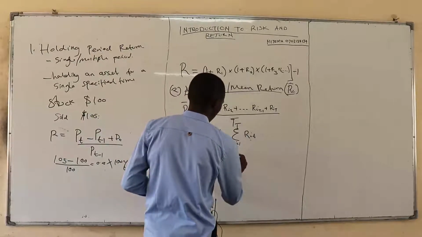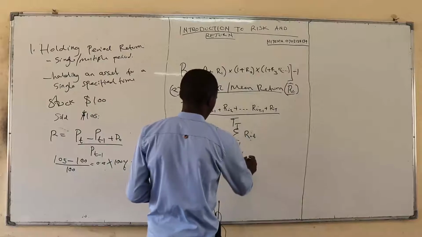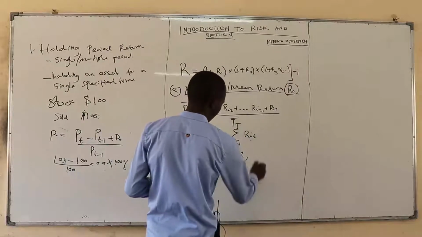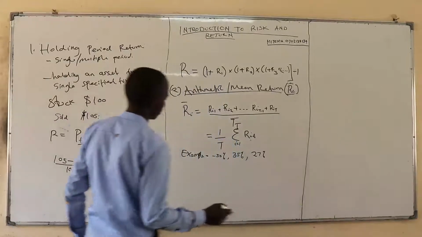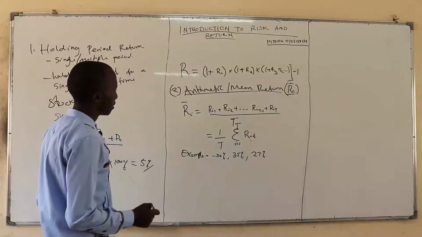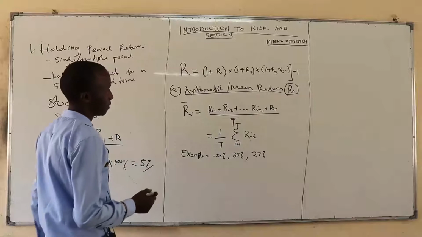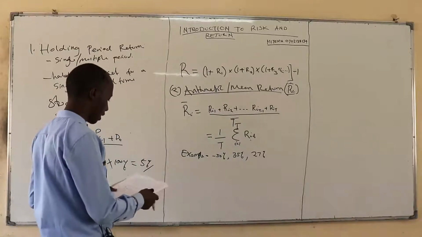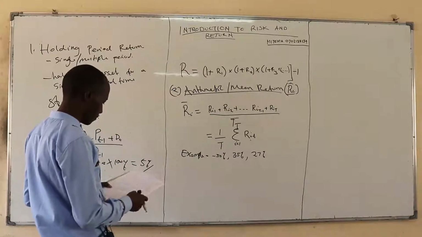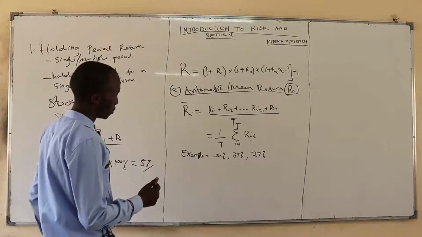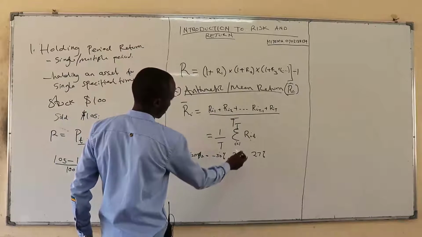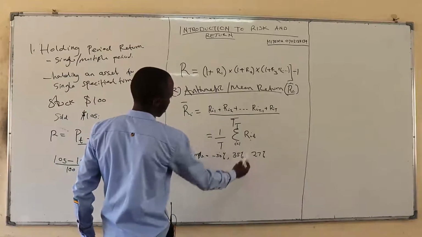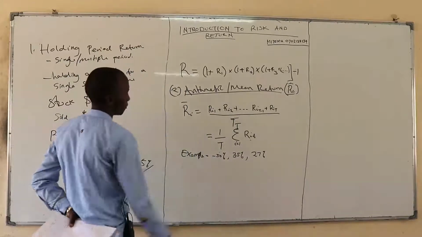Then you have a return of 35% as an investment. Again, we have a return of 27%. And then you are asked, can you calculate the arithmetic or the mean return of this kind of portfolio? Then what you do, you take these returns: this is for the first year, the second return, and this is the third return. So you substitute in the formula.